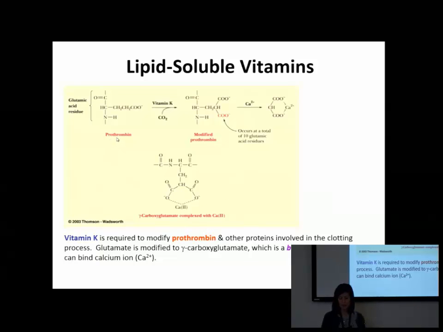It's going to come together with vitamin K and then chelate with calcium. And this is going to cause the clotting. I'm not going to ask you much about vitamin K other than its job is to cause blood clotting, it has that isoprene unit, and its job is to help chelate with calcium.